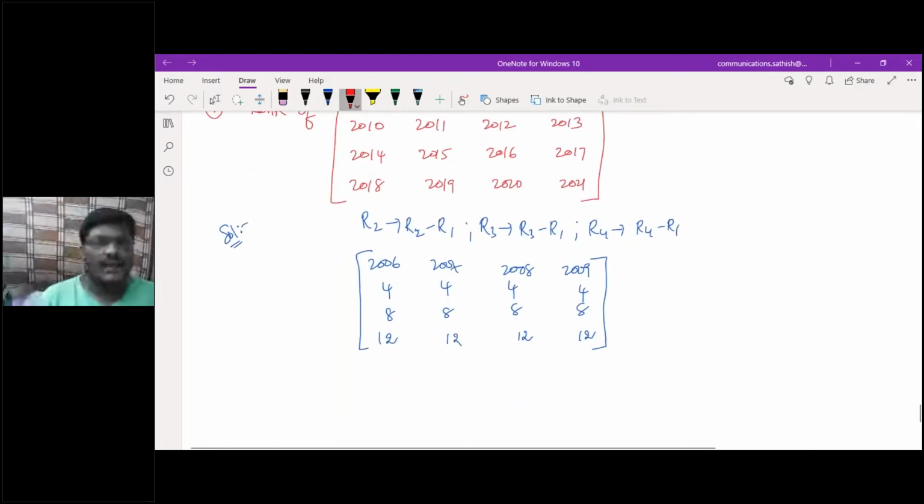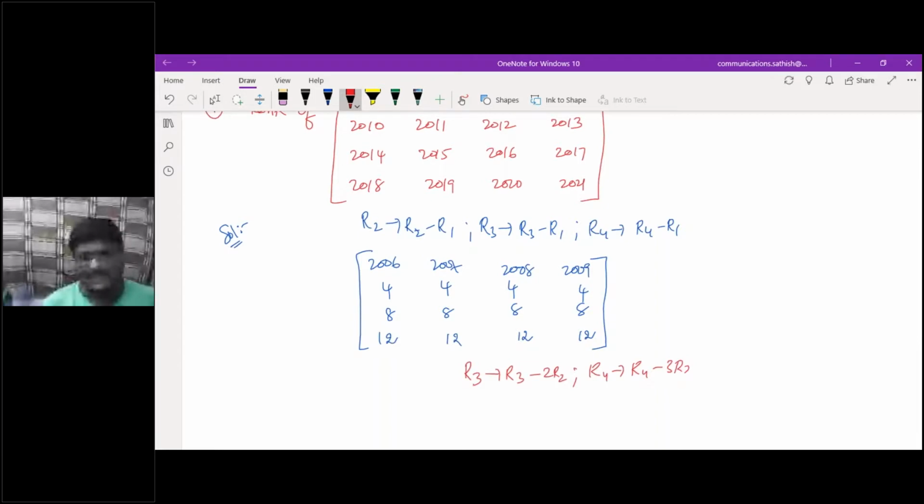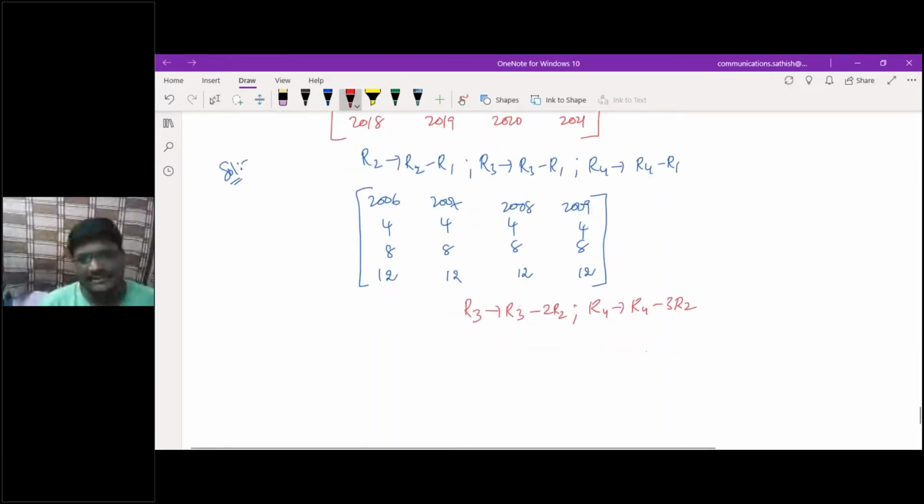Now, if you observe again, R3 is 2 times your R2, and R4 is 3 times your R2. So if I do R3 as R3 minus 2R2 and R4 as R4 minus 3R2, then what will I get? Row 1 stays 2006, 2007, 2008, 2009, then 4, 4, 4, 4.